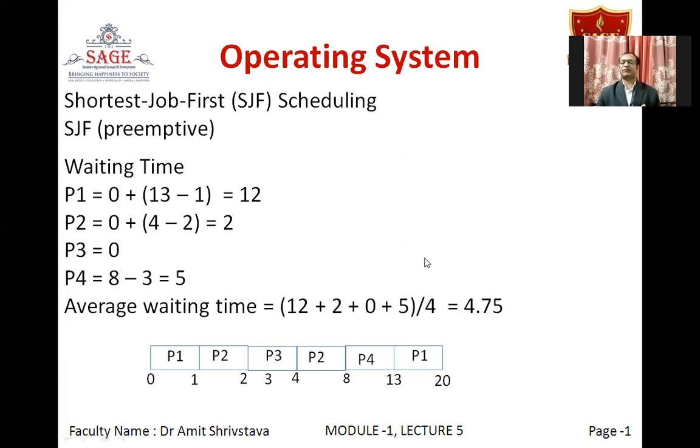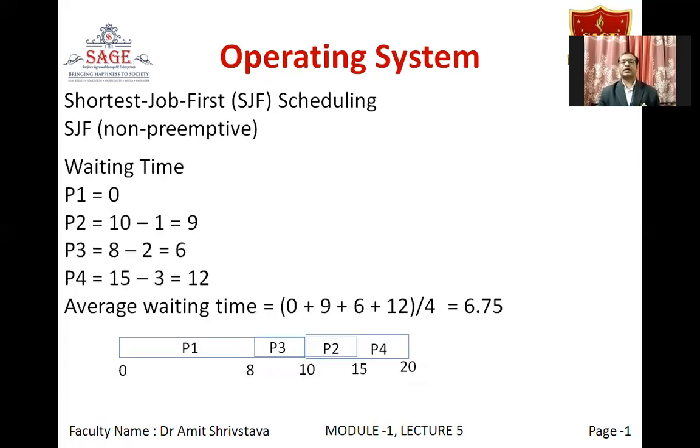So we can see here that the shortest job first algorithm is the optimal algorithm, and it gives us the minimum waiting time among the set of processes when compared with any other scheduling algorithm. But here, see that the preemptive SJF has an average waiting time of 4.75, whereas the average waiting time of non-preemptive SJF is 6.75.